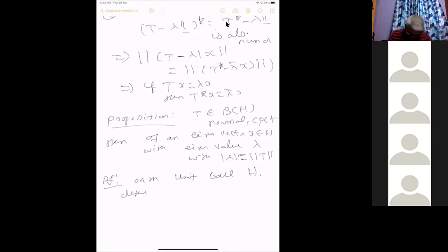Consider this function. This is in C, of course, and this x is in H1. We claim this function is continuous.